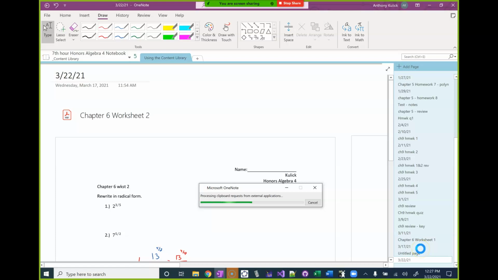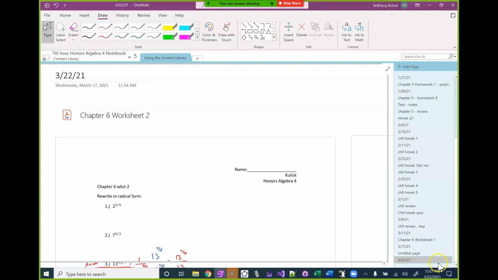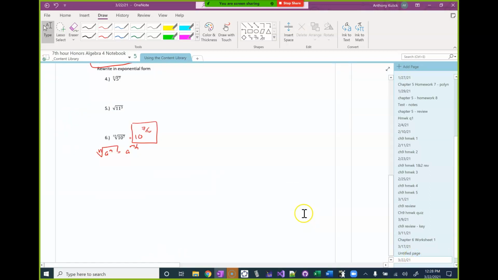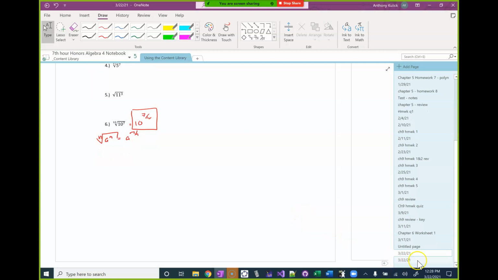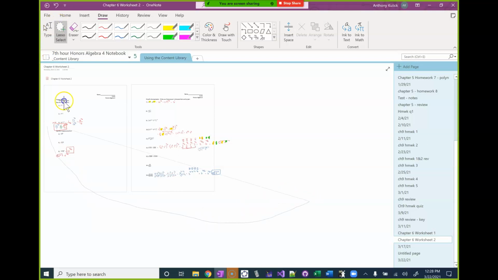I just made a boo-boo here. What did I just do? Oh, okay, there we go. I'll move that back here. We're going to call this Chapter 6, Worksheet 2 again, and then get rid of all of my marks. Nope.